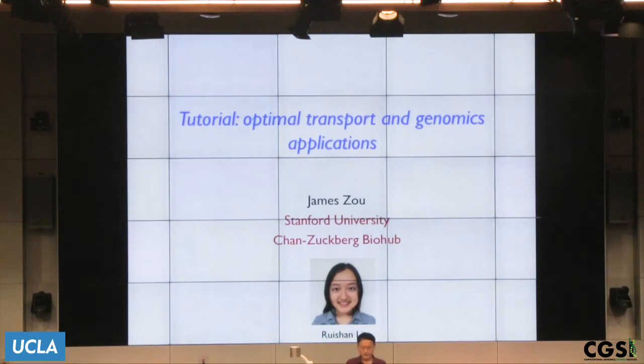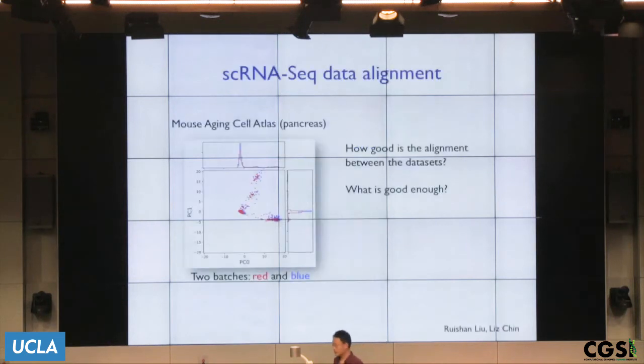I'll illustrate the applications with 3 projects from my group. To set the motivation, here we're going to look at some single-cell RNA-seq data. Oftentimes when analyzing data sets, including single-cell RNA-seq, you have the problem of how to compare or integrate data from different experiments or different batches.